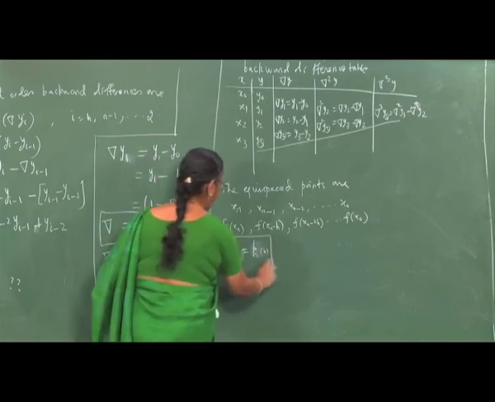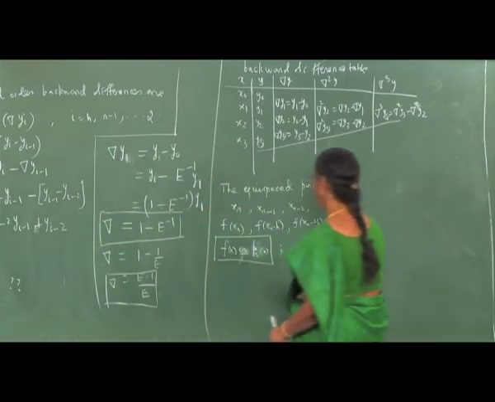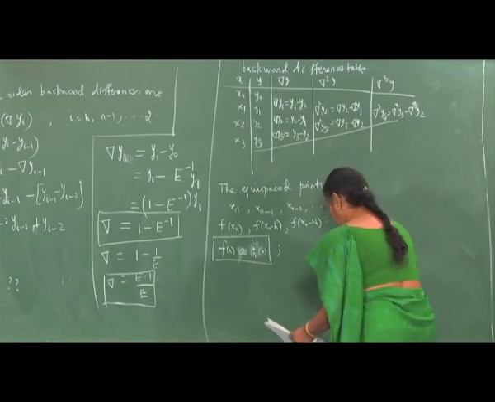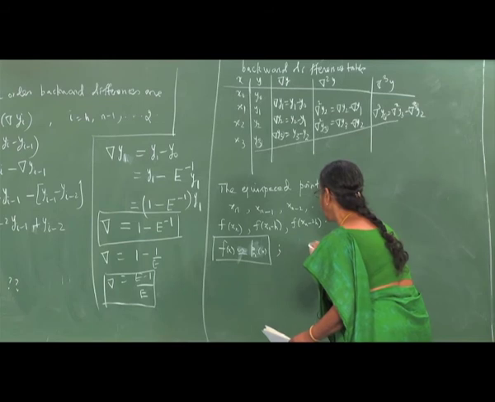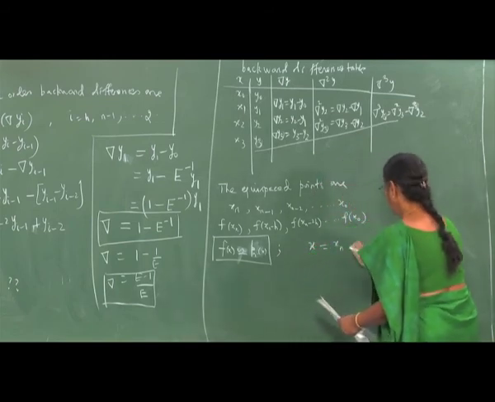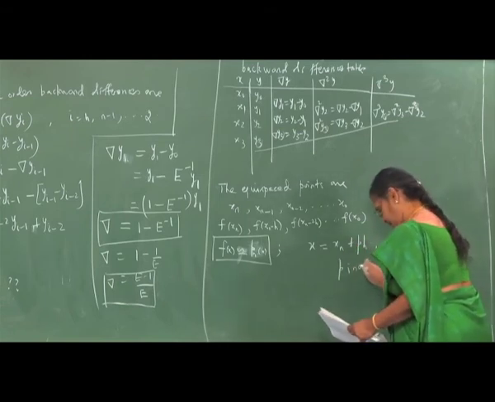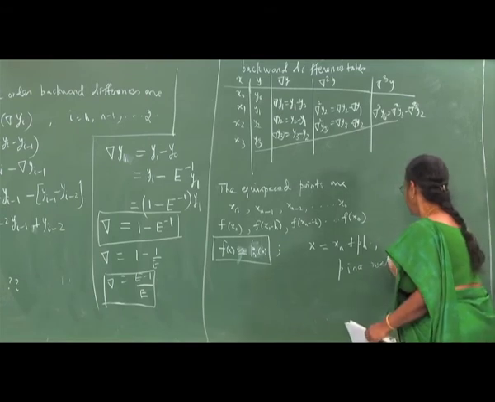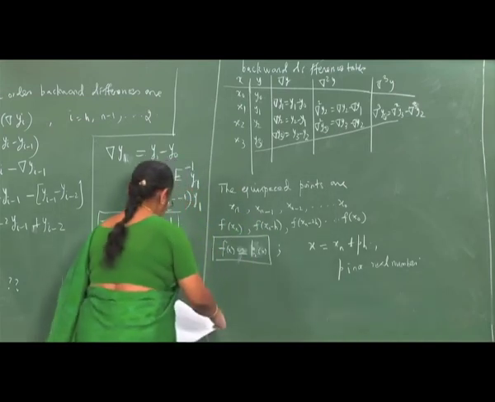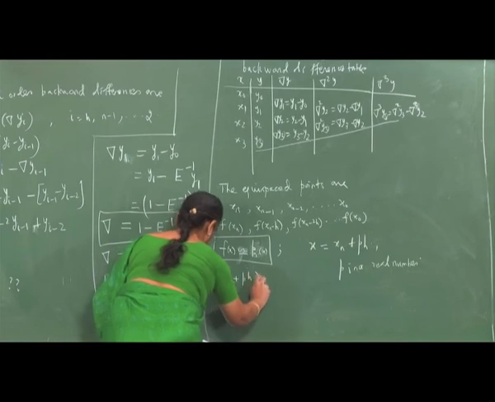First of all, determine this approximation, and once you determine it, evaluate the function at some point x, which is equal to xn plus ph, where p is a real number.